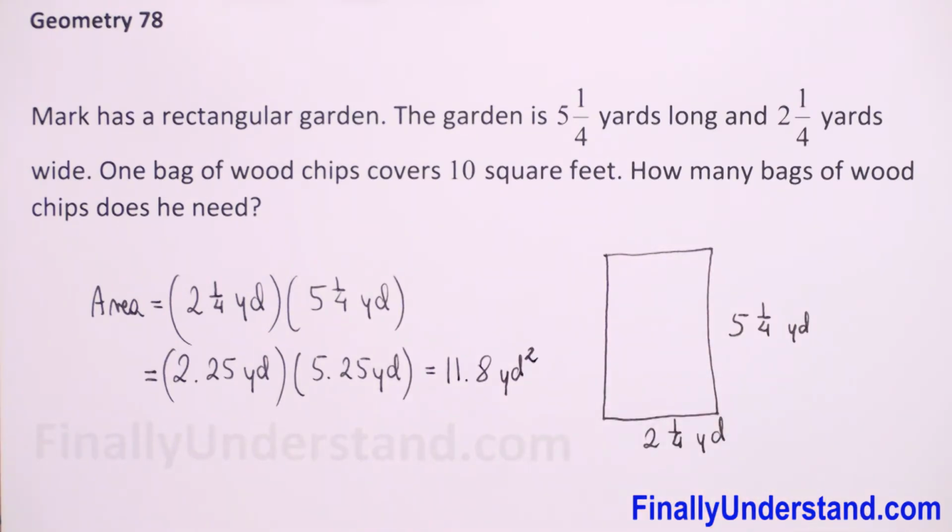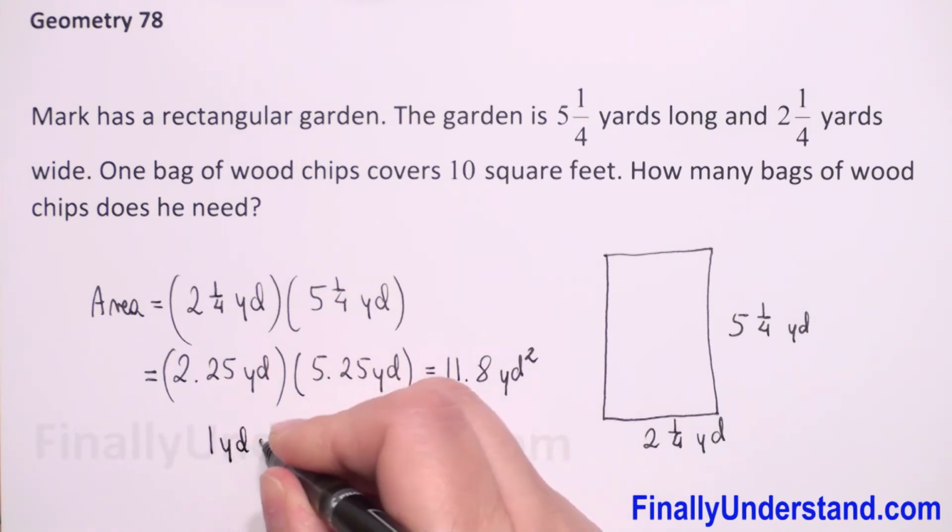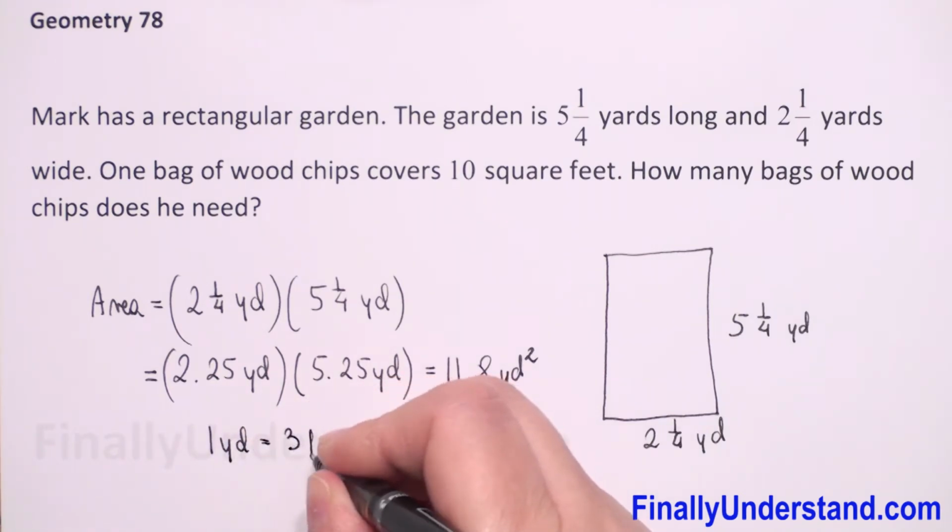And now we know that one bag of wood chips covers 10 square feet. We have yards here, so now we have to change our yards to feet. We know that 1 yard is equal to 3 feet.